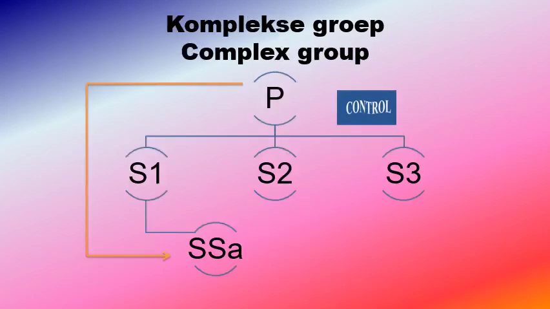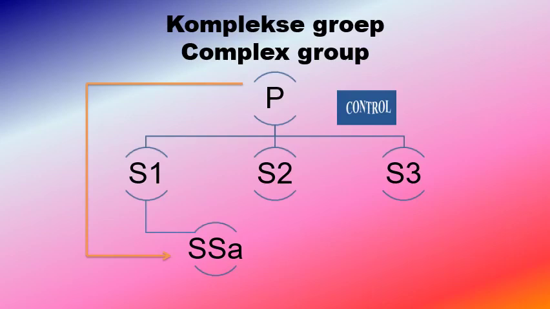Then you also get a complex group, where in this case you have a parent company. It's a horizontal and a vertical group. So you have your parent company that owns or controls, rather, 3 subsidiaries in this case. Those 3 subsidiaries are horizontal, but one of the subsidiaries also controls yet its own subsidiary, therefore it's vertical.